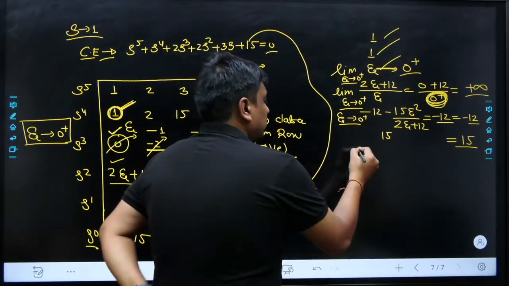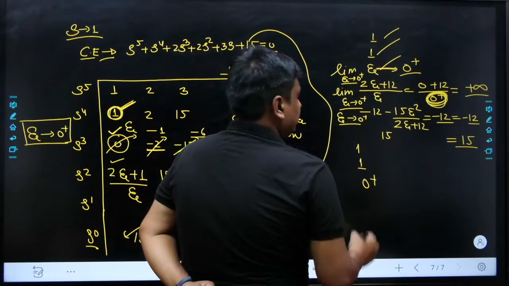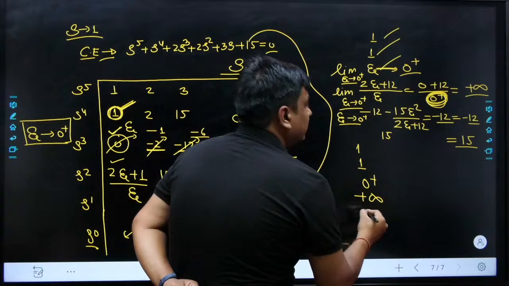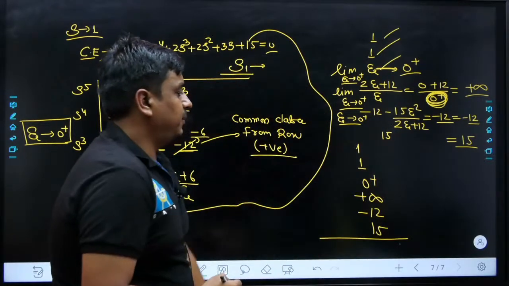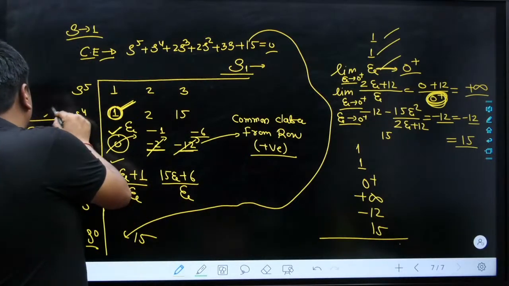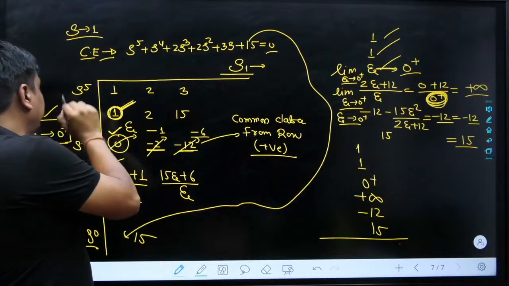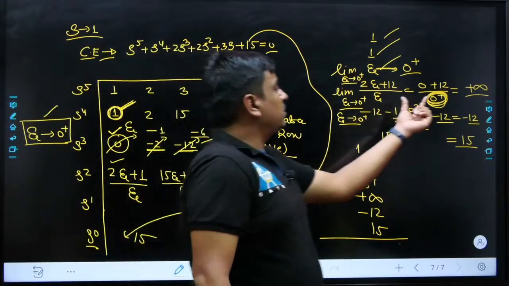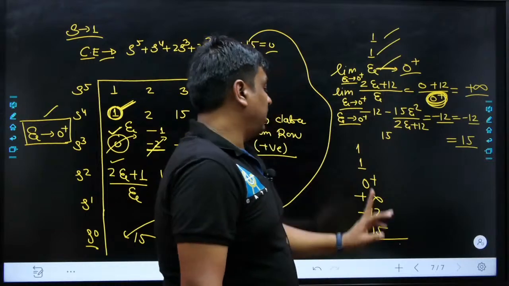So if we list down the data which we had, it's going to be 1, 1, 0 plus, then plus infinity, then minus 12, then 15. Again, I would recall the factor is going to be sigma tends to 0 plus. If you just write sigma equals 0, there would be a problem. Few of us would write plus infinity and few would write minus infinity, which would not be true.